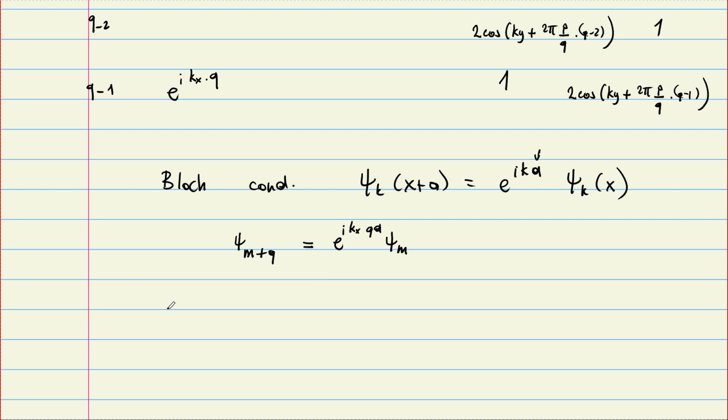And the Brillouin zone is: kx is defined inside minus pi over qa to pi over qa, whereas ky is defined in minus pi over a to pi over a. So this is my Brillouin zone, and it is not equal in the x and y directions.